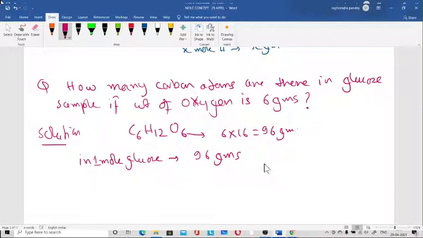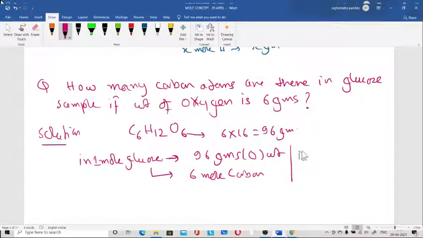In 1 mole of glucose, there are 6 mole carbon. That is your oxygen weight, and this is 6 mole carbon atom. So this 1 mole is equivalent to 96 gram of oxygen weight, and also equivalent to 6 mole carbon.